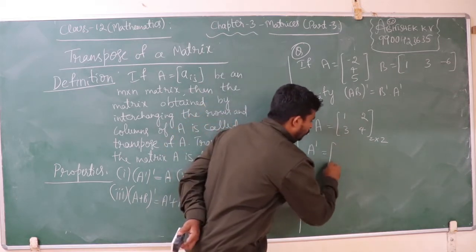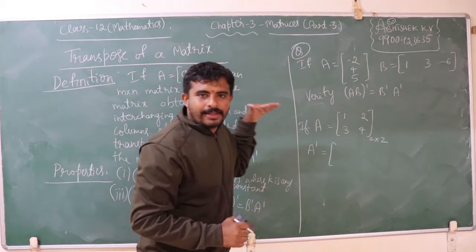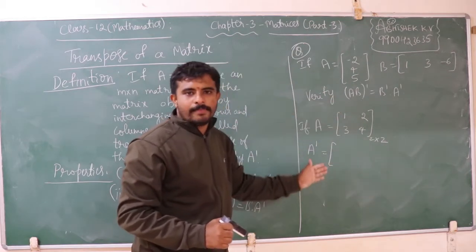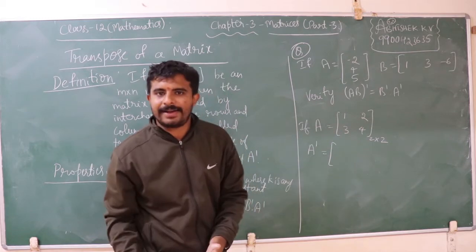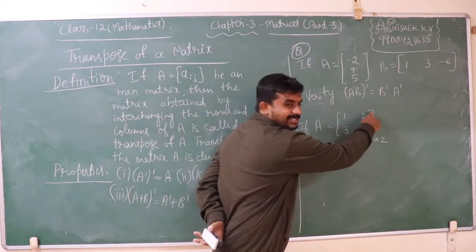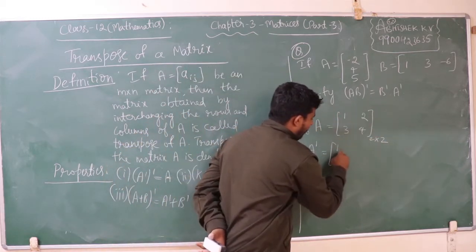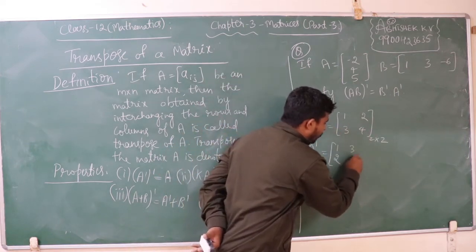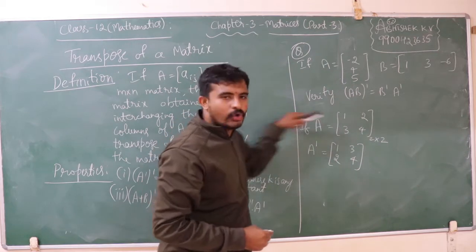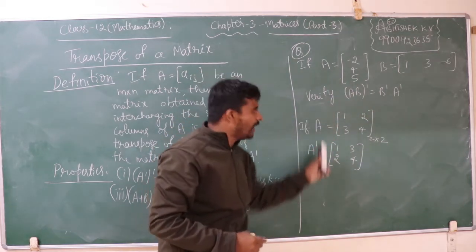I already told you, by changing the elements of rows to columns and elements of columns to rows, that is nothing but the transpose of a matrix, right?